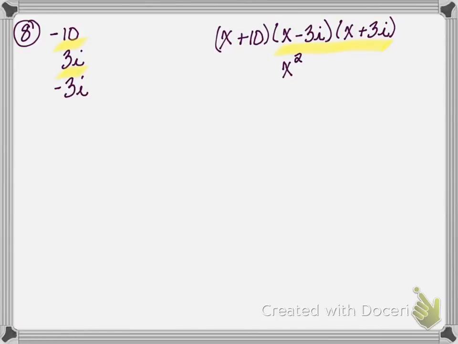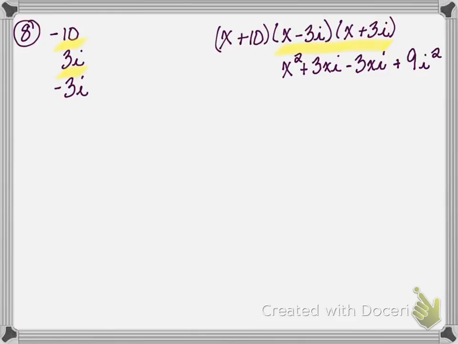Then I'm going to get x times positive 3i, so that's positive 3xi. Then I'm going to have negative 3i times x, and that's negative 3xi, and that's exactly what we want right there in the middle. We want those to cancel out.